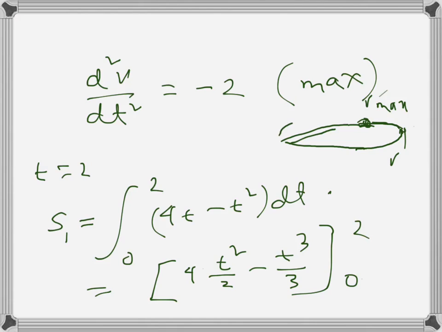We can calculate how much it travels up to that, and just multiply it by 2, because after that it will travel the same distance to return to its starting point. So basically we want to find when the velocity becomes 0 to know up to when it's going in one direction, and after that it changes direction. When the velocity becomes 0, it instantly starts moving in the other direction.